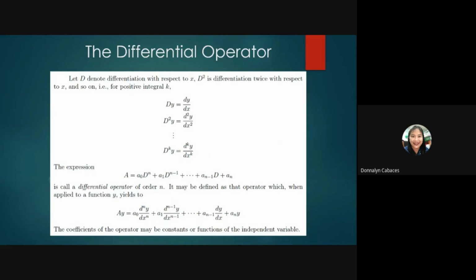It may be defined as that operation which, when applied on a function y, yields Ay equal to a0 times the nth derivative of y with respect to x, plus a1 times the (n minus 1)th derivative of y, plus up to a sub n minus 1 times the derivative of y, plus a sub n times y. So the coefficients of the operator may be constants or functions of the independent variable.